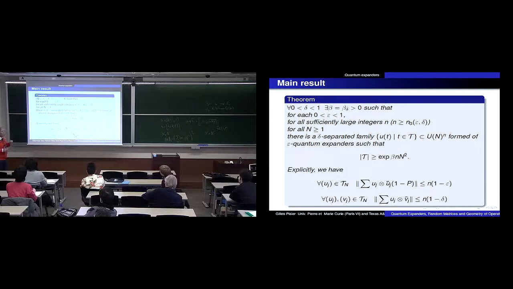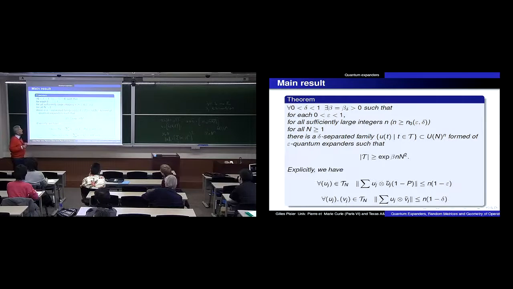But the important point for me and the important point for all the applications I have is that I can actually exhibit a family of epsilon quantum expanders which have this uniform separation of the same kind that had these quantum expanders from distinct irreducible.